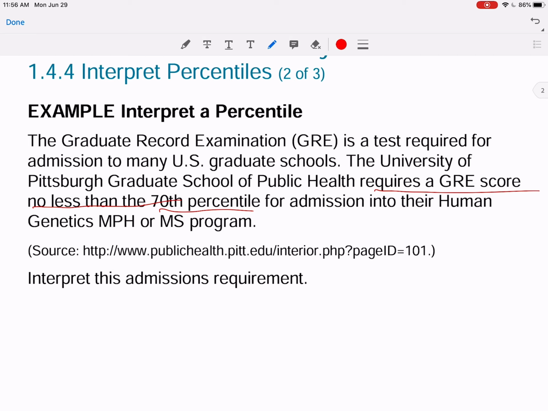If they require a GRE score no less than the 70th percentile, that means they want the GRE score in the top 30%. That's the rough interpretation of this example.